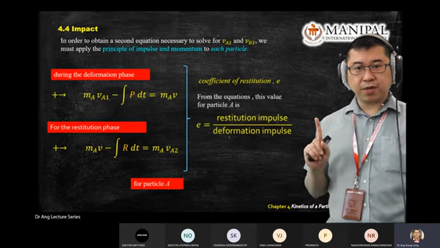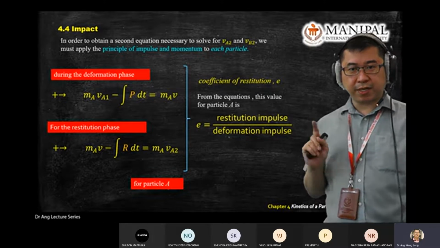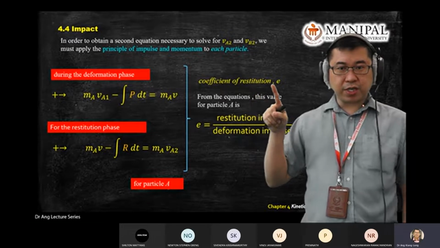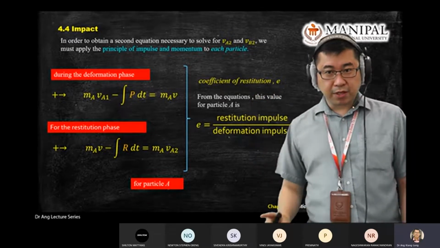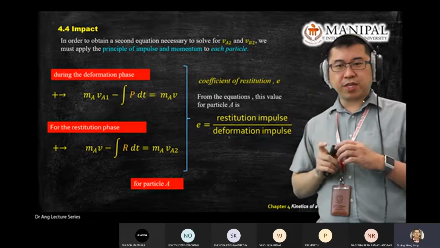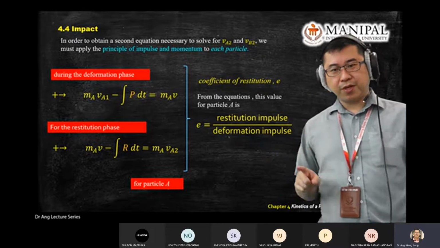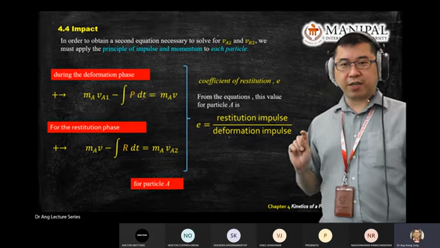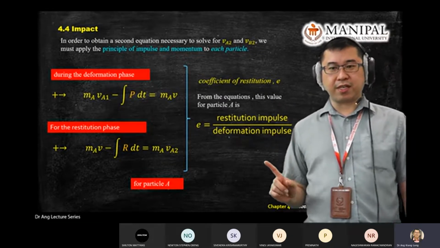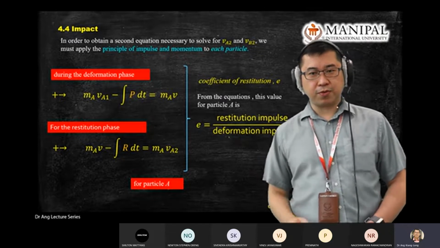It's given by this equation. This is a new equation that you learn today. Coefficient of restitution E. This is a new term for you, because you did not learn this in your previous physics class, or in your first year module.